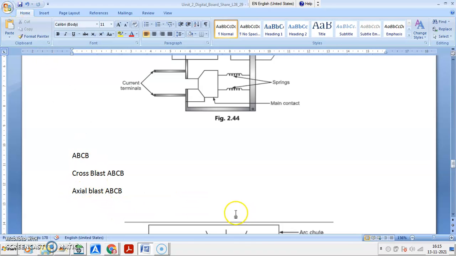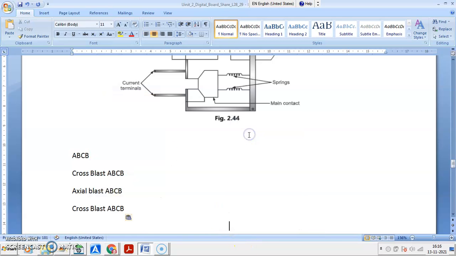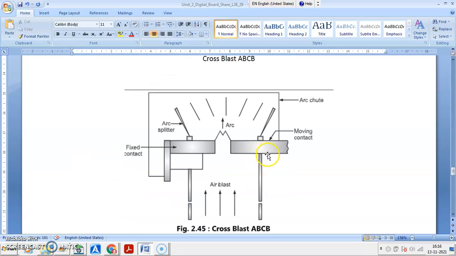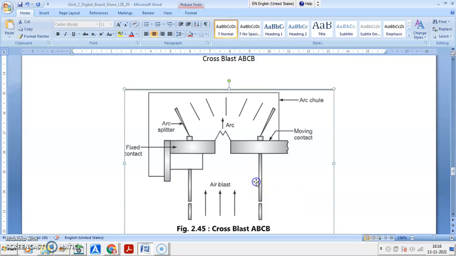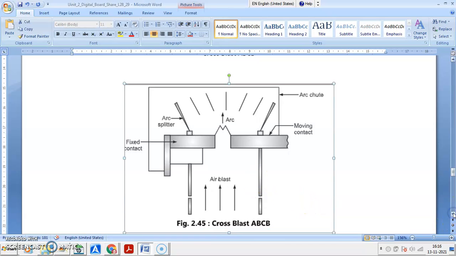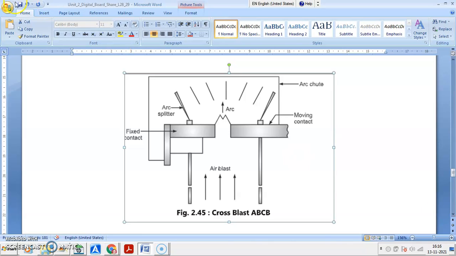Now first, this is the diagram of the cross blast ABCB. Are you able to see? The rest we have studied in the air circuit breaker construction. Only the modification in the arcing chamber is there.